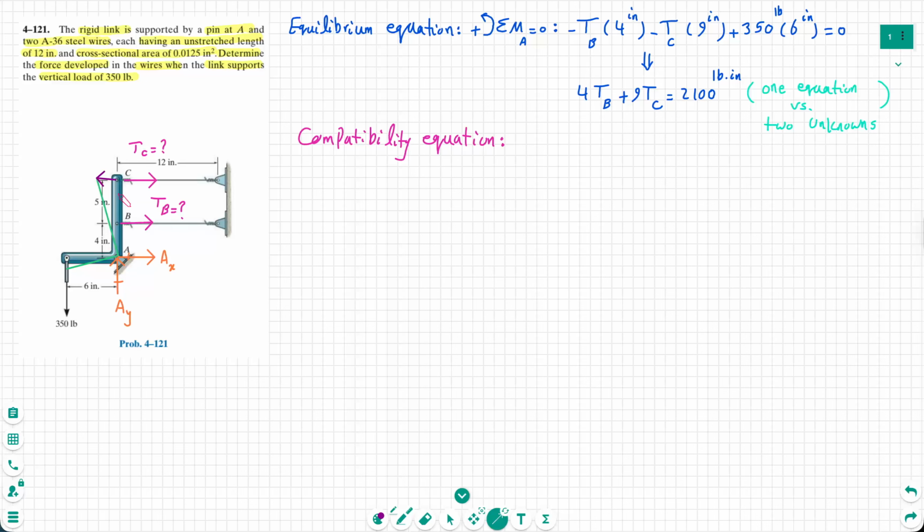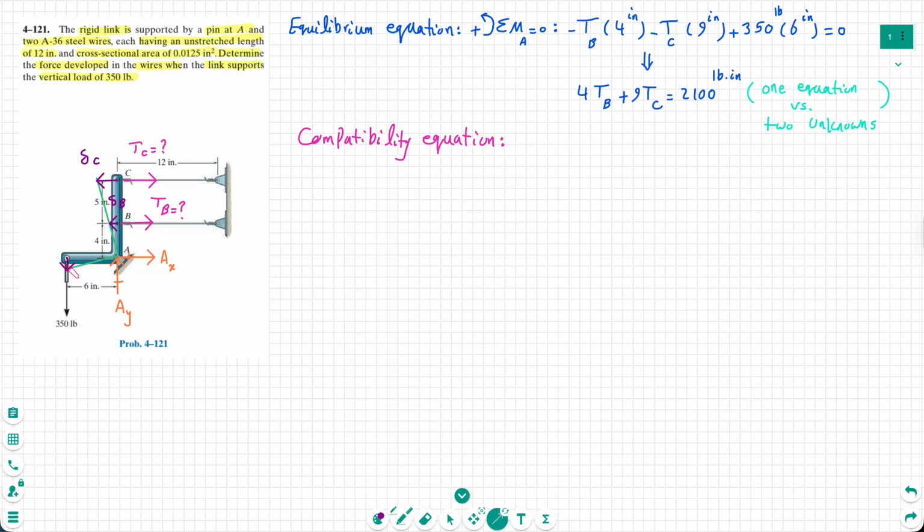So this deformation or displacement we can assume for C, so we call this delta C. Also here we have this that we call delta B. Also actually we have one here, but I don't need to find this.